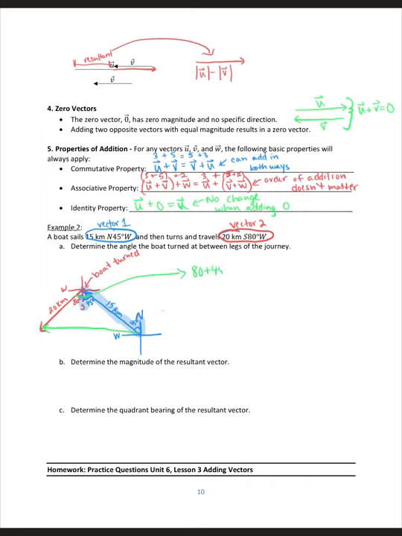So 80 plus 45 equals 125 degrees. So therefore, the boat turned 125 degrees between the legs of the journey.